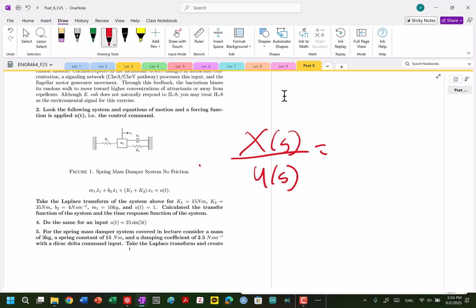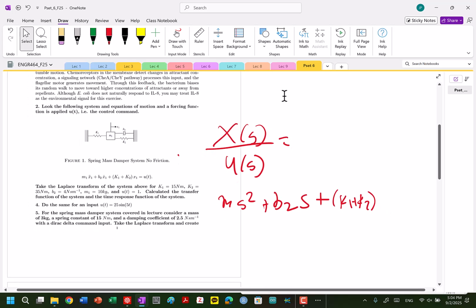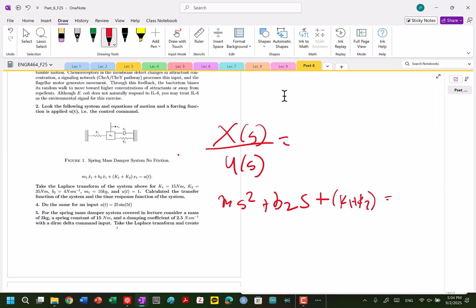We can almost do it by hand, because for a double derivative it's going to be m s squared plus b s plus k1 plus k2, and that's going to be equal to U, and this is our X of s.